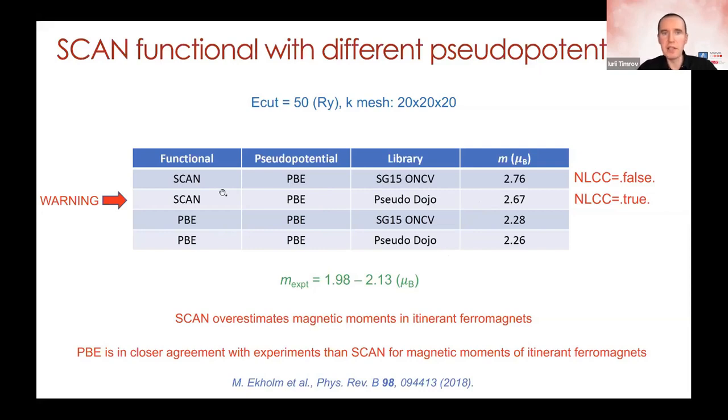SCAN for itinerant magnets is actually worse than standard PBE, because below you can see two PBE calculations with two different pseudopotentials, and they give 2.28 and 2.26, still slightly overestimating the experiment, but PBE is closer to experiment than SCAN.